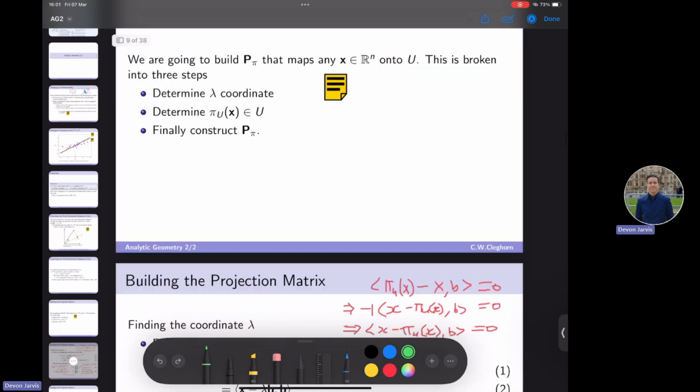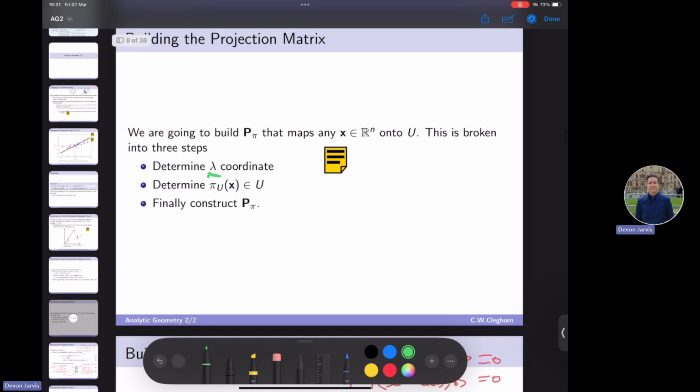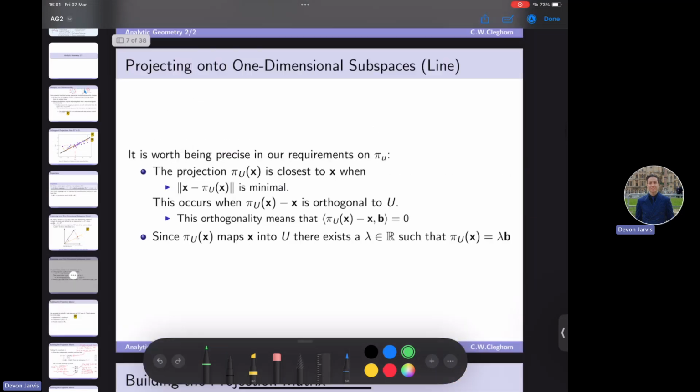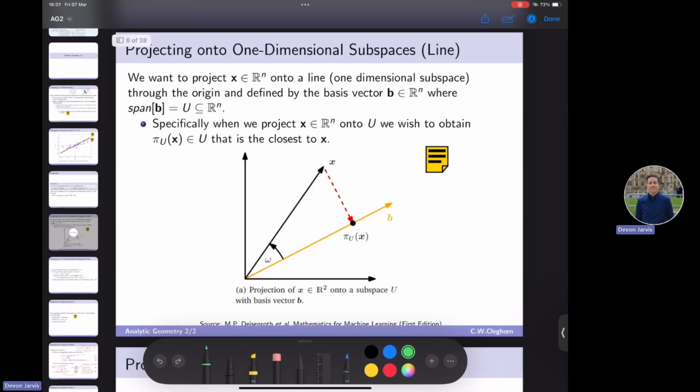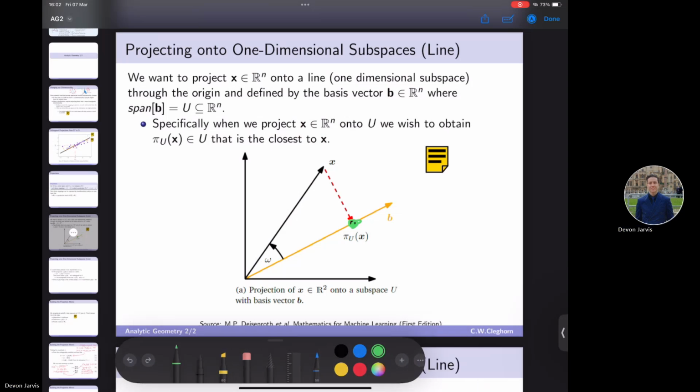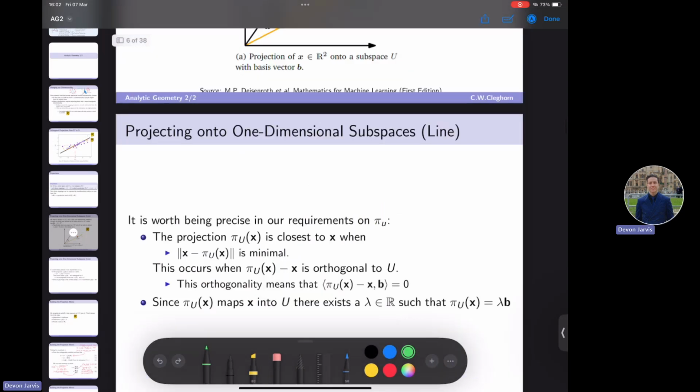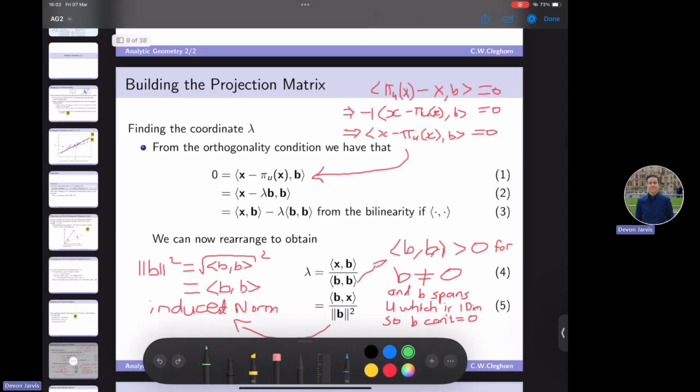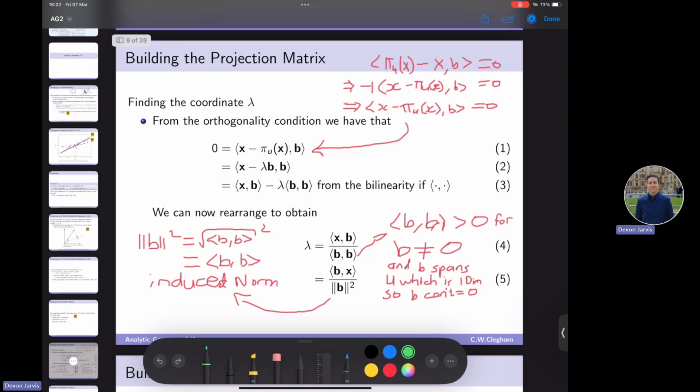Okay, so the first thing that we're going to do is determine the coordinate lambda, all right? So what is the coefficient of that data point in terms of my basis after I've done the projection? Given the test today, I hope that's somewhat clear. So what this means is ultimately that we want the orthogonality condition to be met.